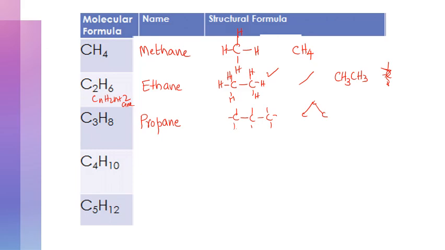Okay. And then C4. So C4 will be but as the prefix, ane as the end, butane.